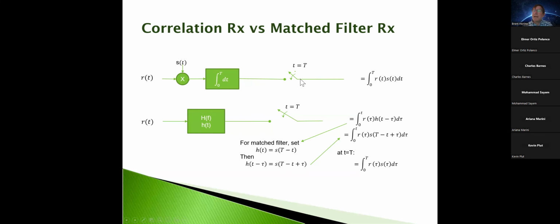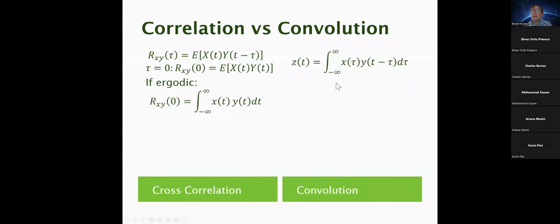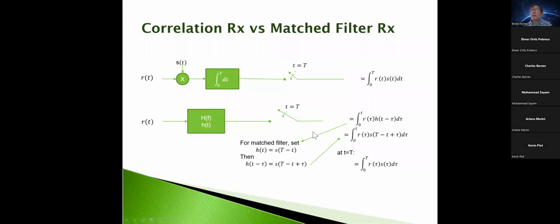Then we sample at the end of that time, right? So we can write that as the integral from 0 to T of r(t) times s(t) dt, right? So that's looking very interesting, right?